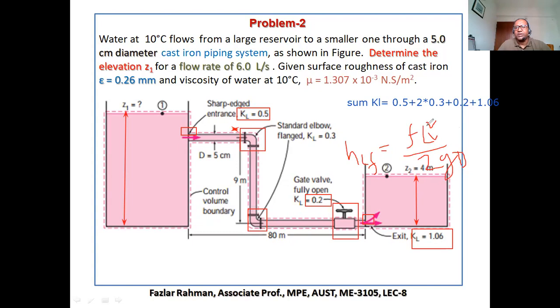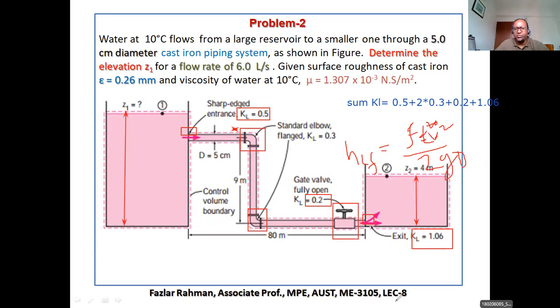V is here. So we need to know the length of the pipe, and we need to know the friction factor. You figure out the Reynolds number, then you can figure out the friction factor. D is the diameter of the pipe, right? So we need to figure out the length of the pipe.